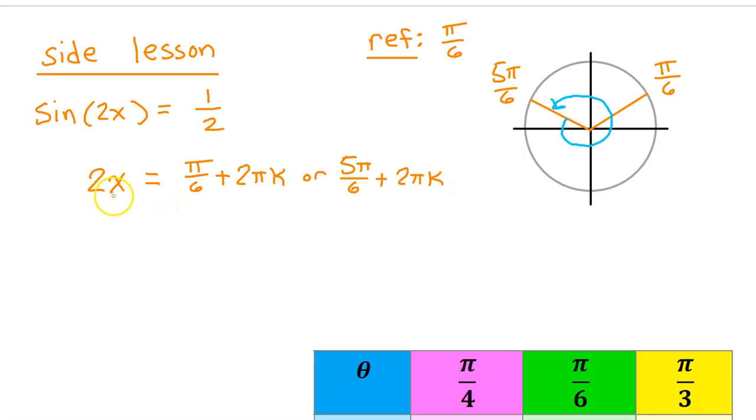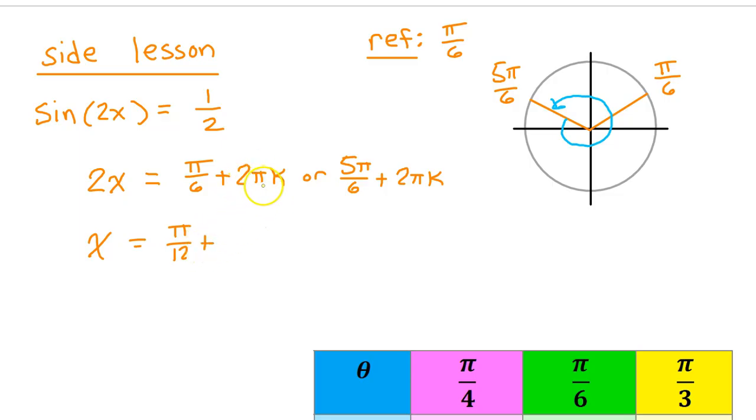Finally, we get x by itself by dividing both sides by 2, but we have these two different expressions that we just keep separate. So we end up with x is equal to pi over 12. Remember, when you divide this fraction by 2, it ends up in the denominator and you get the 12. So we have pi over 12 plus.